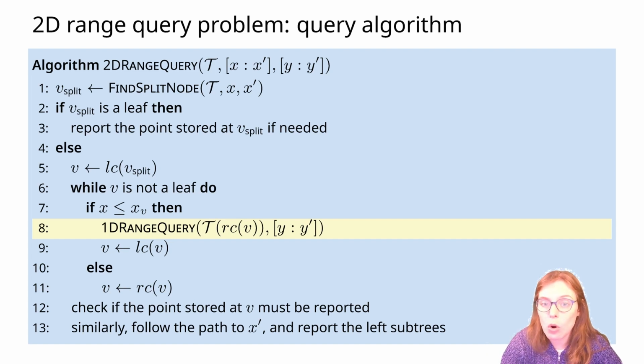In this call, all the points of the subtree rooted at the right child, whose y-coordinates are in the given range, will be reported.